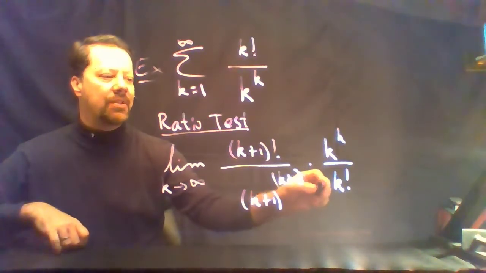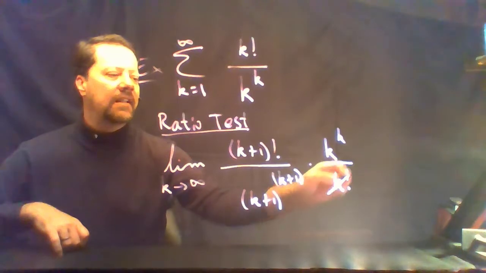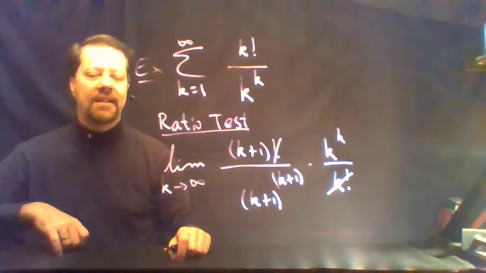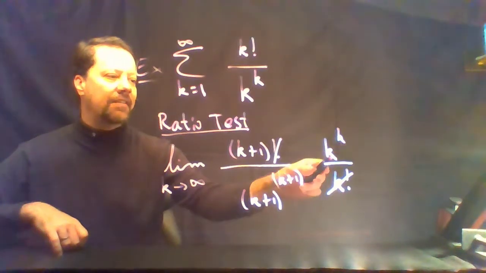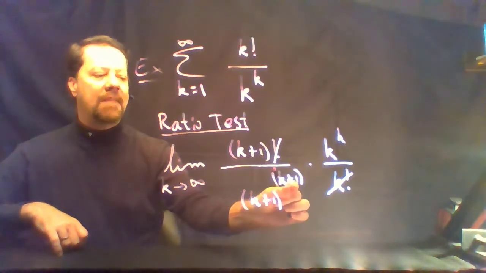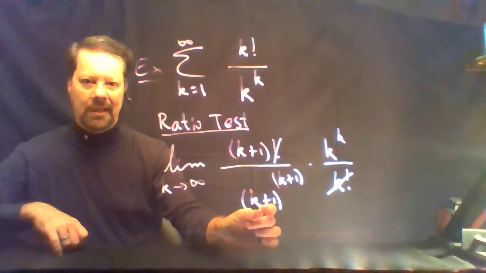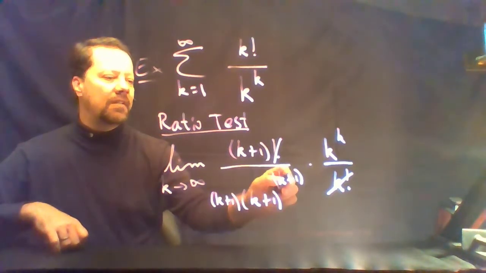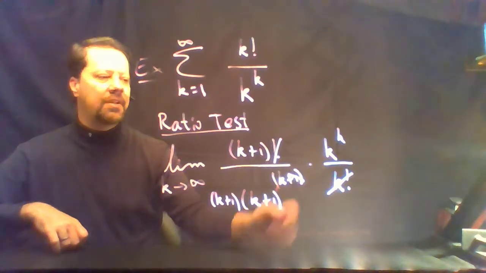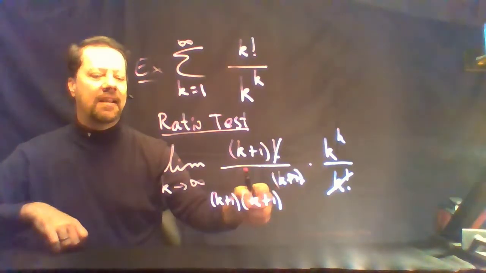As you can see, we do get some cancellation. K factorial cancels here. But there are k factors of k and k plus 1 factors of k plus 1. If we split off one of these factors, we'll have only k of those. We can combine these as follows.